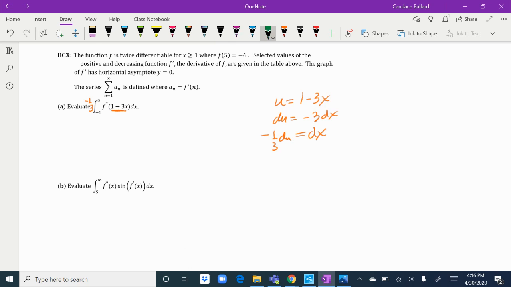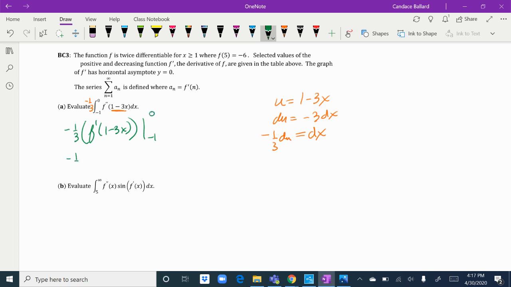If you do choose to put the u in there, you do need to change these limits. I think I did that, but it's not going to matter. So -1/3. When I integrate f double prime, I get back to f prime of whatever the inside is, from -1 to 0.